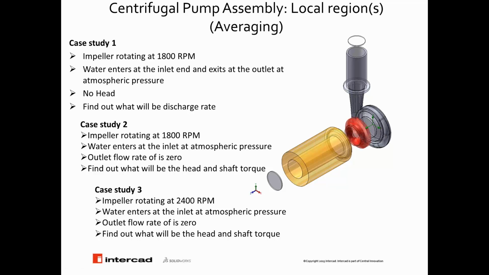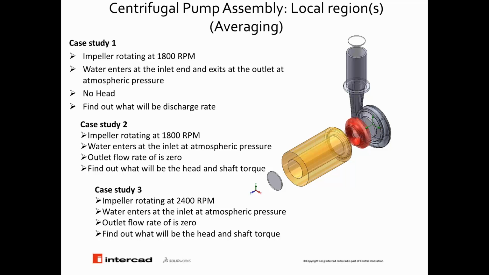Water inlet and outlet are basically atmospheric, so we have a reservoir and we would like to transfer water from one pool to the next pool without any height difference. So we suck the water from one source at atmospheric pressure, and then discharge it to the other pool, again at atmospheric pressure. So there is no head, and we would like to find the discharge rate, and also the torque required for this action.